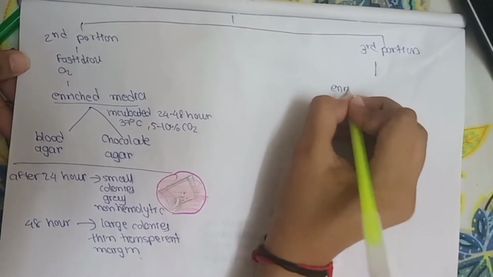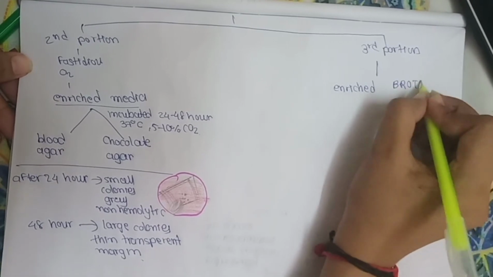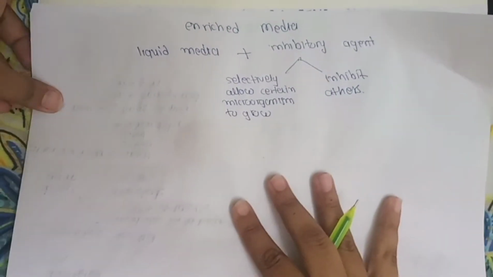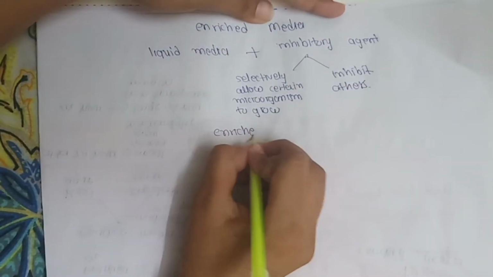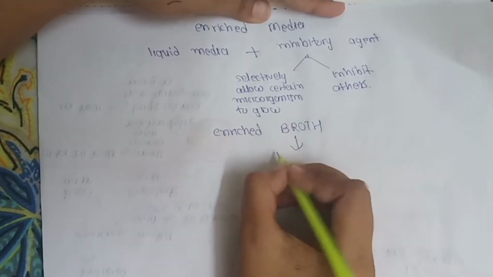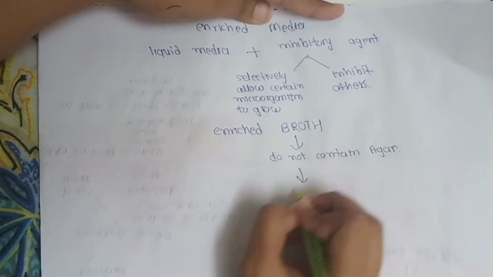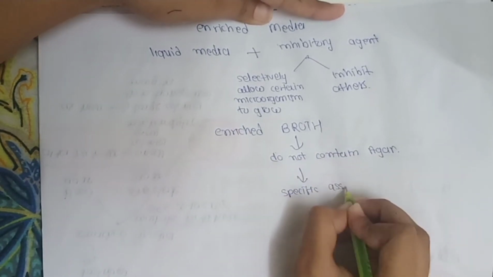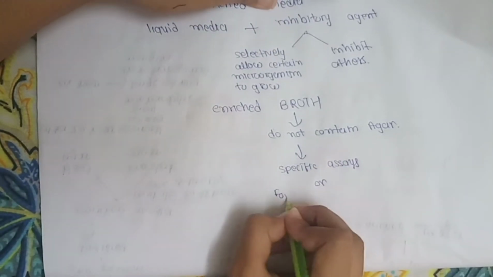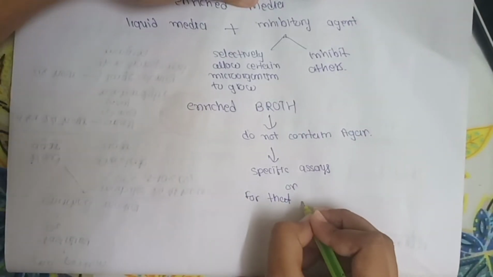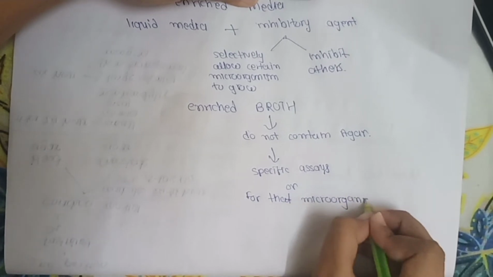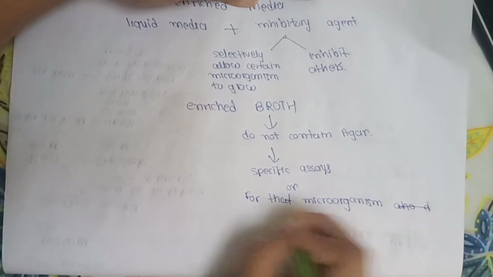Now the third portion is inoculated in the enriched broth. Now what is enriched broth? Enriched broth is different from the media only because it does not contain agar, and it is used for specific assays or for microorganisms which do not grow on solid media.